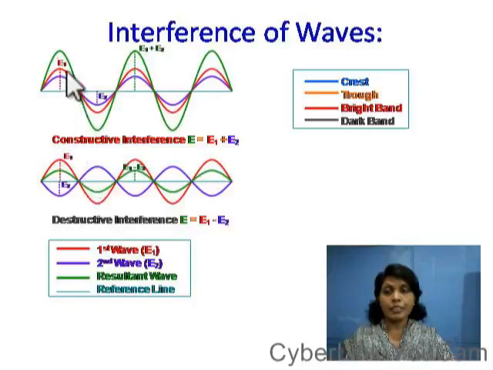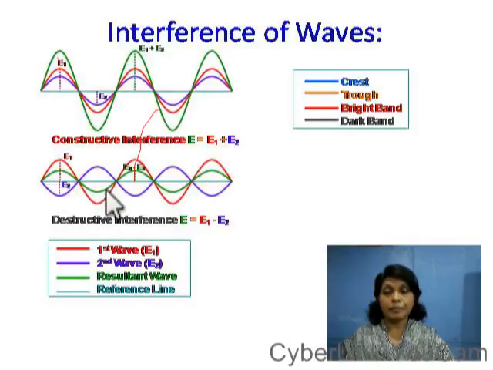There are various ways of interfering other than this crest-crest and crest-trough, but we will go with these two cases and conclude that in order to have constructive interference, the waves must fall in phase with each other, and for destructive interference, they must fall out of phase with each other, as in the second case.